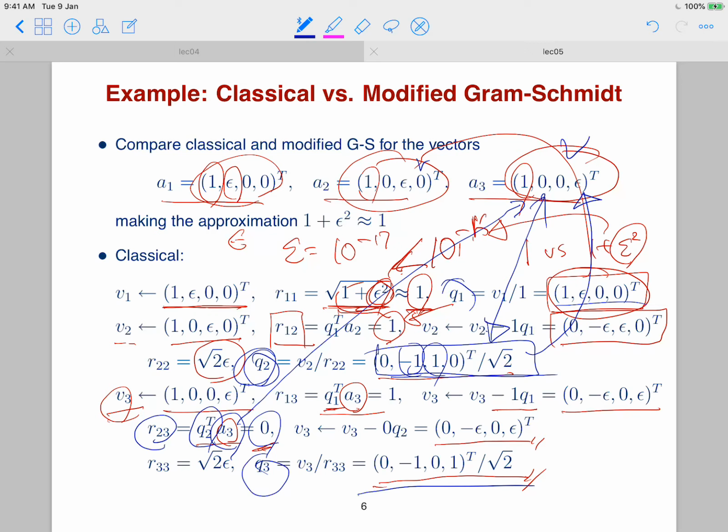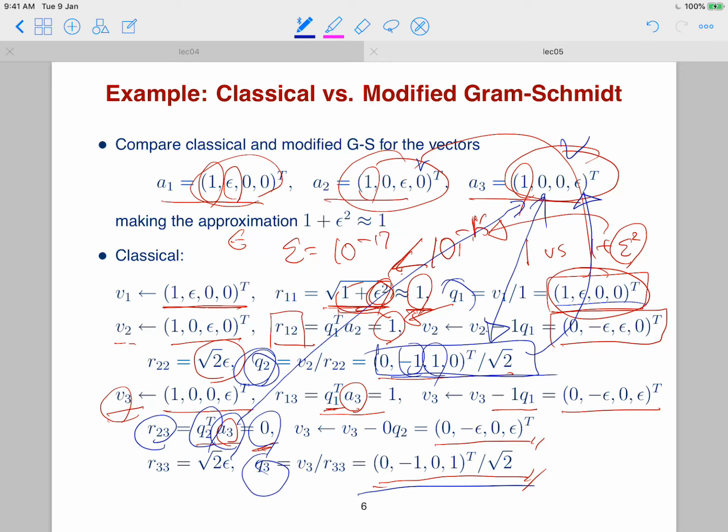The reason is because this R11, as I mentioned, is not reflecting the exact length of our vector, right? So our length of vector should be this guy, but it is approximately represented as 1, right? That's how we obtain this Q1.